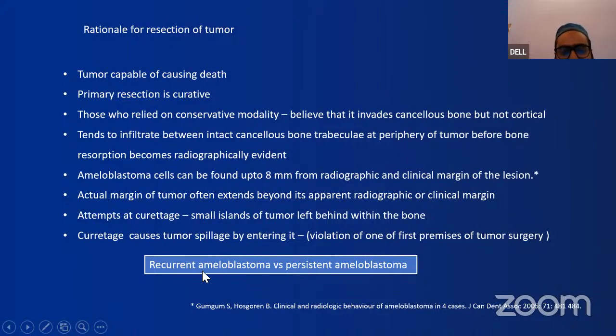So in most of the cases, and there's also a debate whether we should call it recurrent ameloblastoma or persistent ameloblastoma, because in conservative management the cells will remain there. So most of the cases are those of persistence, not actual recurrence.